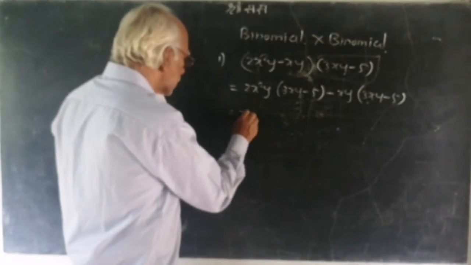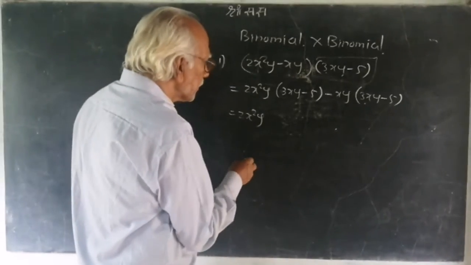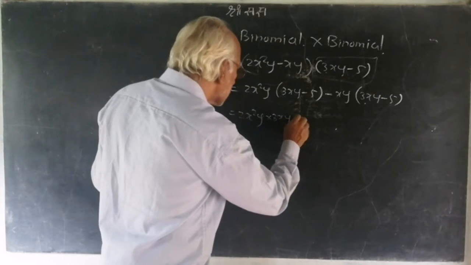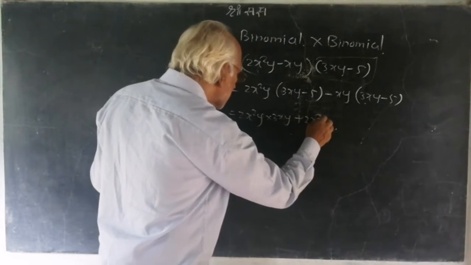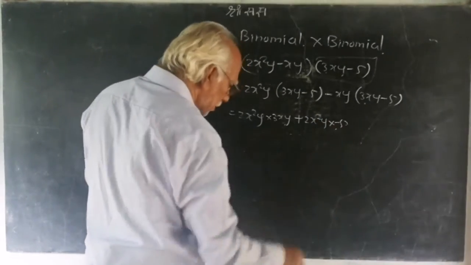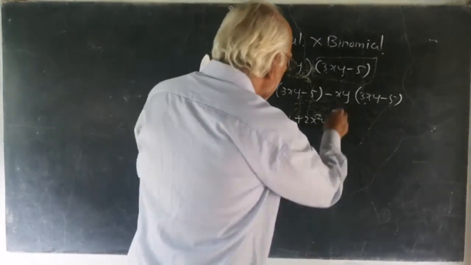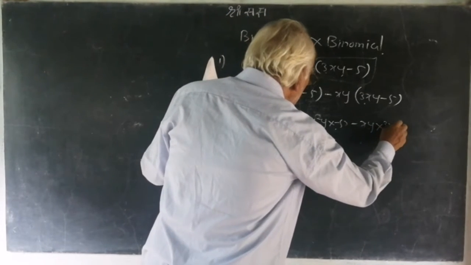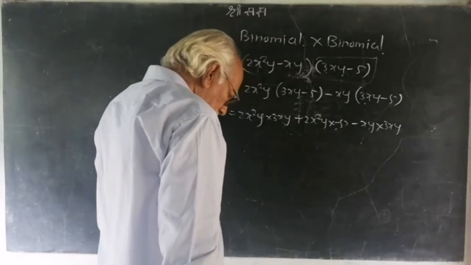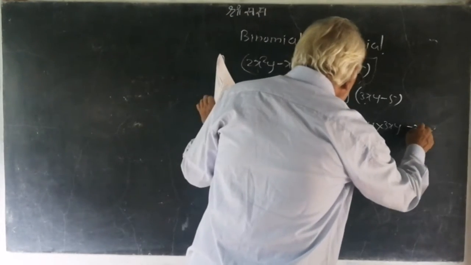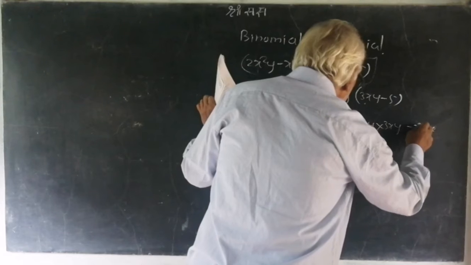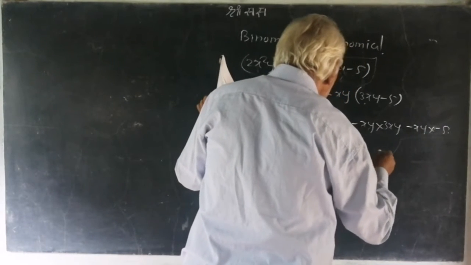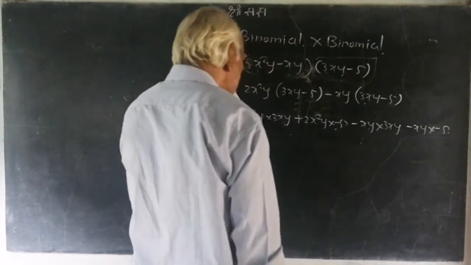So that is 2x square y into 3xy, then plus 2x square y into minus 5, and then minus of xy into 3xy, and finally minus of xy into minus 5.